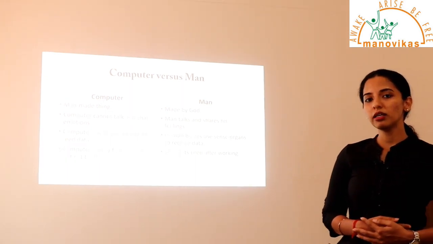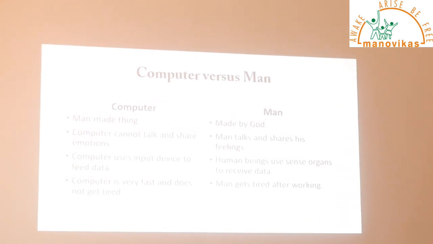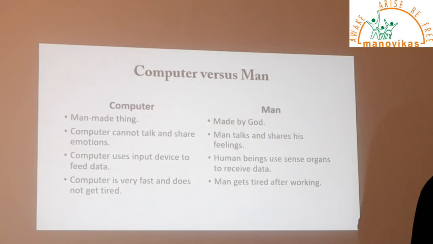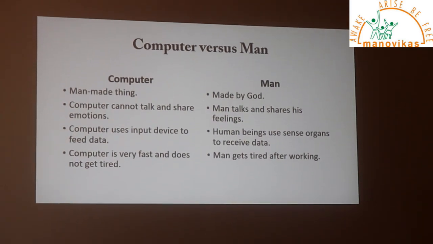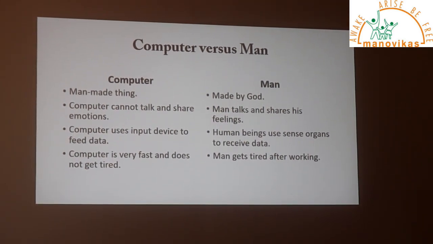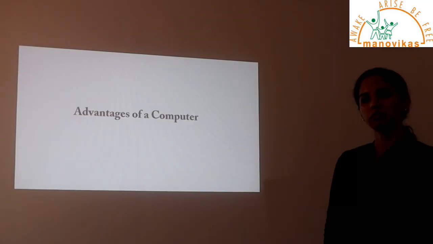A human being takes in data through our sense organs like our nose, eyes, ears. Computer is a very fast machine and it does not get tired. But a man, after working for a little while, can get tired.